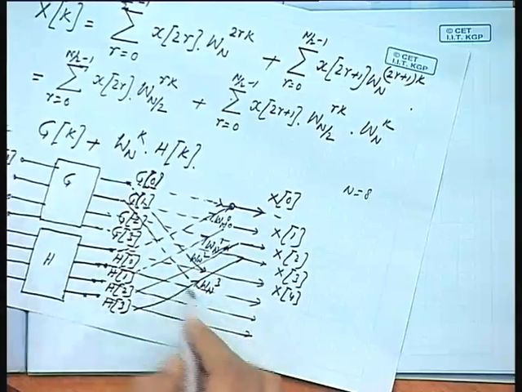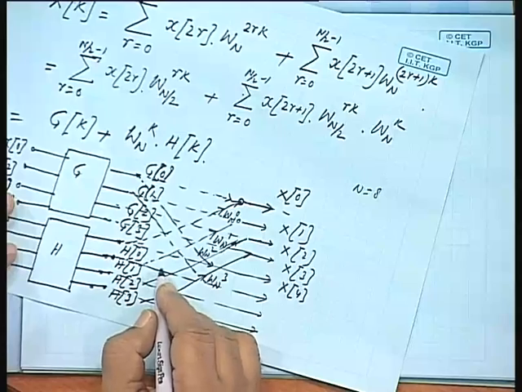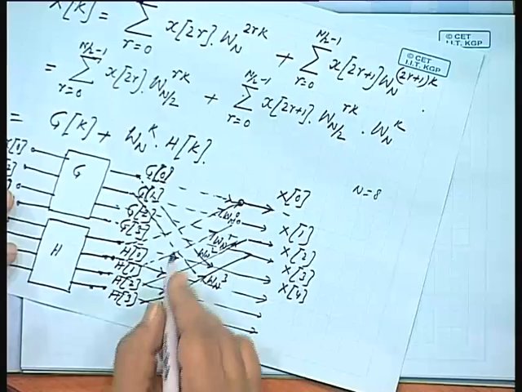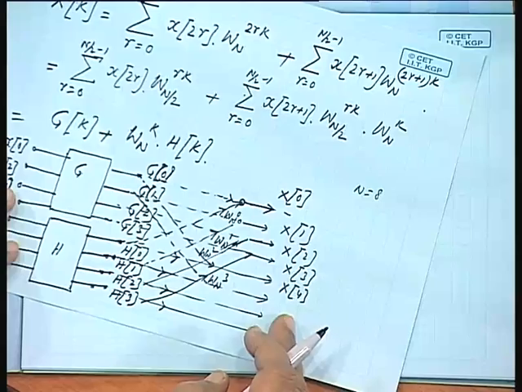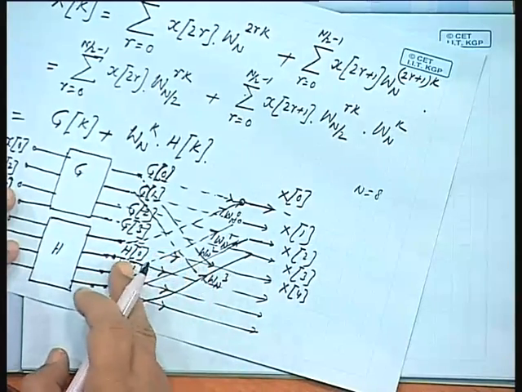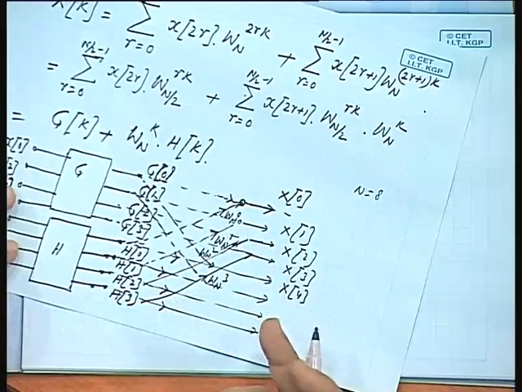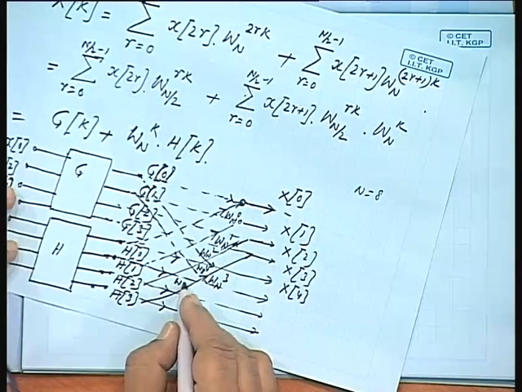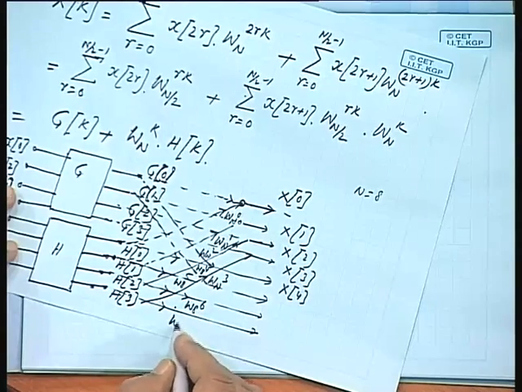Okay. So, when it is coming downward, there will be a negative sign. All right. So, I will put a negative sign in this, that is to be multiplied with H, when we are considering the bottom layer. All right. H0 multiplied by minus 1, H1 multiplied by minus 1 into W_8^1, that is W_8^5. So, this is nothing but W_8^4, W_8^5, this is W_8^6 and this is W_8^7.